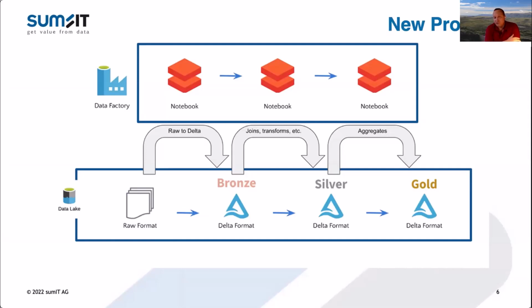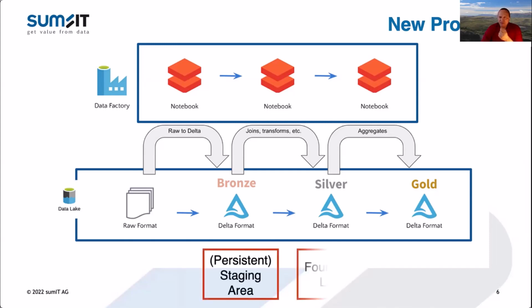With all of that, also from the Databricks guys, a new process is basically being put into the arena. And there we see we have the raw format, so that's basically our ingestion layer, and then we have several layers, bronze, silver, gold, of processing the data and enriching it and applying business rules and all of these kinds of things. And the ETL tool of the day in their eyes is a notebook. Well, okay, so coding in a notebook, but is it really a new process and architecture in general?